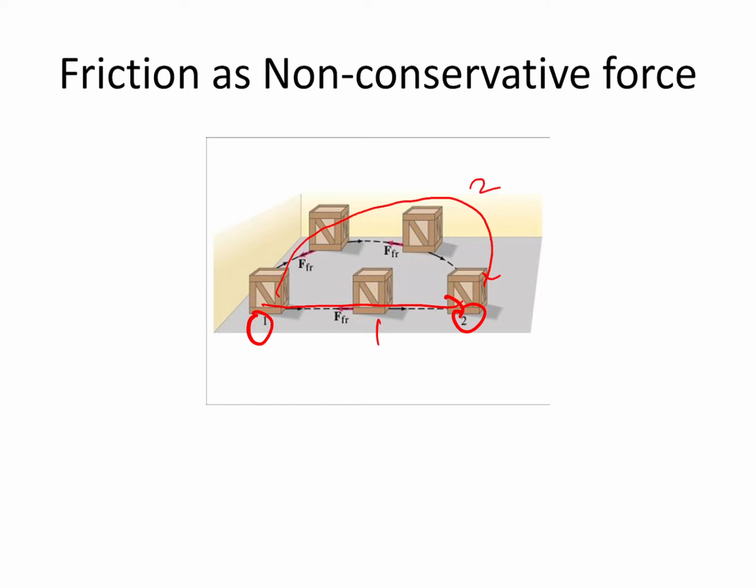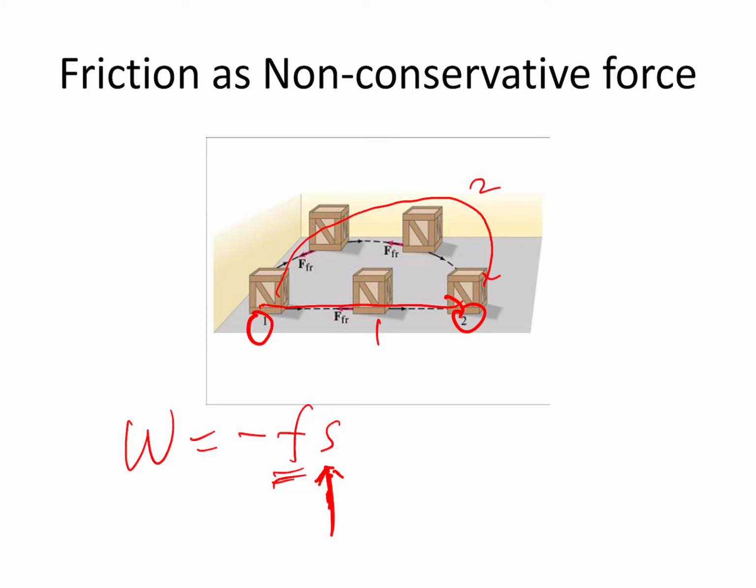Now, from geometry, we definitely know that path 2 is longer than path 1. And the work done by friction is always Fs, and F is a constant wherever you move it. So if you increase your displacement or the distance you moved, the work done by friction increases.